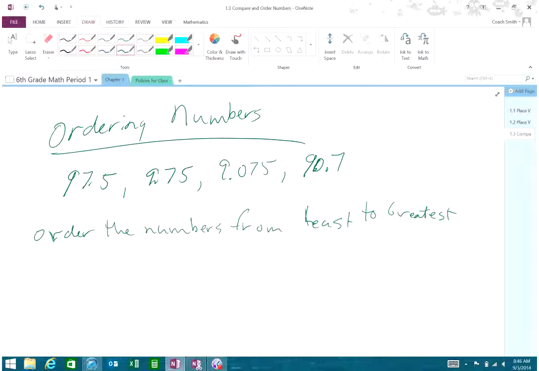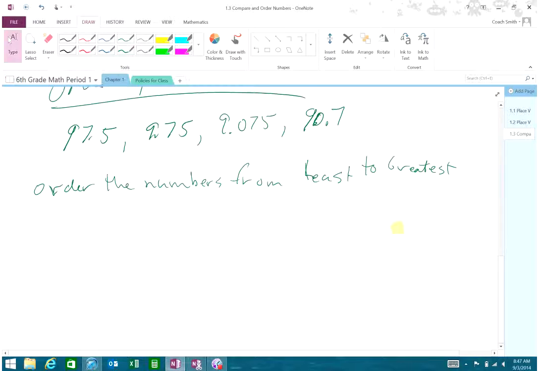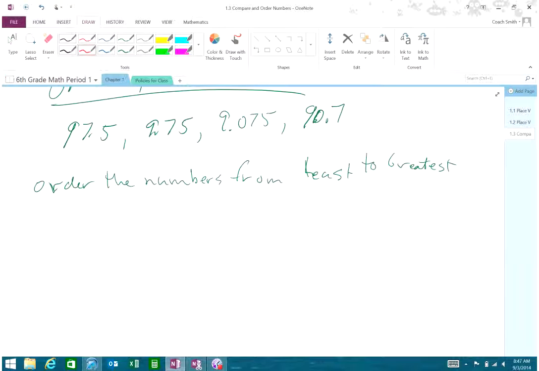It's very important that you read the directions. Because one set of the directions is going to say order the numbers from least to greatest, and the other set of directions is going to say order the numbers from greatest to least. So make sure you read the directions and don't just assume that it's supposed to be in a certain order.